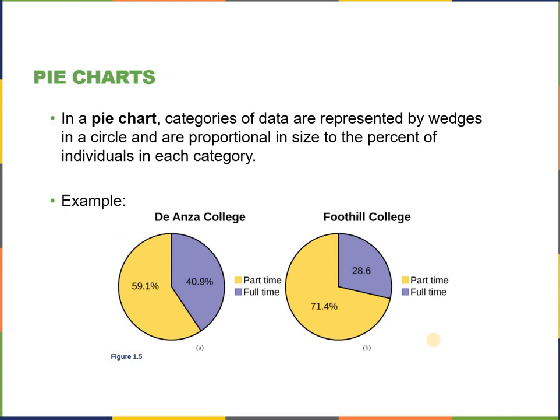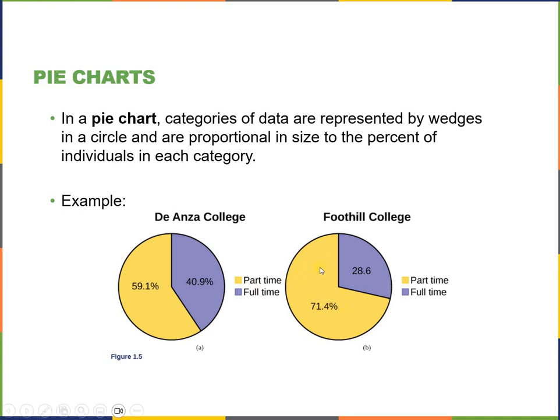If we look at pie charts, in a pie chart, categories of data are represented by wedges in a circle and are proportional in size to the percent of individuals in each category. For example, if you look at the percentage of full-time students and part-time students in De Anza College and Foothill College, which is the first example that I showed you previously, I can see here that the percentage of part-time students in De Anza is bigger than the full-time students.